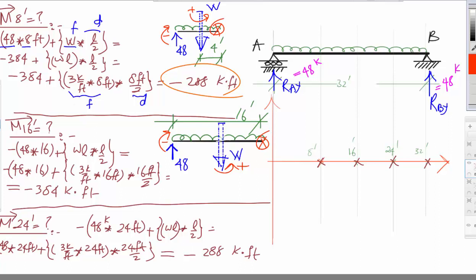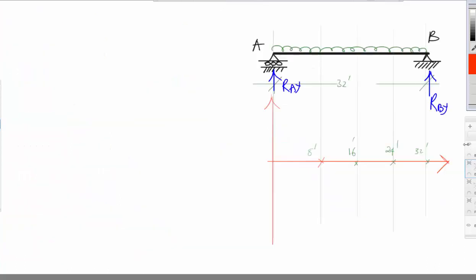Okay, so now we have one more point to go to, and that is the 32. So let's do the 32 also here. So I'll say bending moment from left at 32 feet is equal to how much? Now, as we have said, this should be equal to 0, so we'll apply the very same equation, and if it comes as 0, it means that our calculation is correct.